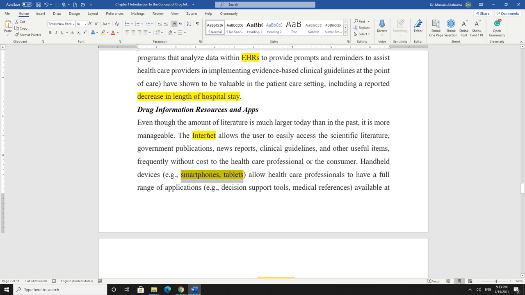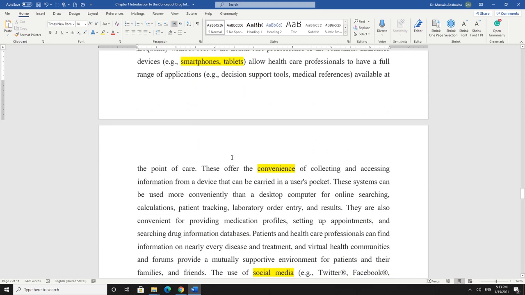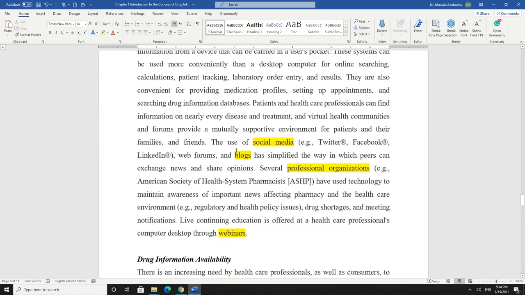With the availability of internet and the gadgets, smartphones and tablets, and if I have the right applications, then I will be able to provide healthcare to patients at the point of interest, wherever I want, at the same place where the patients are available.